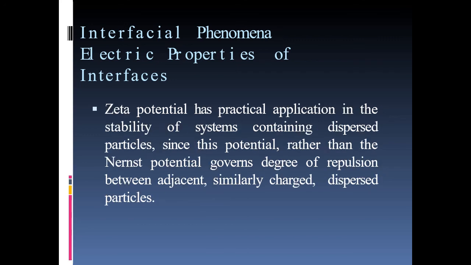Now the zeta potential has practical application in the stability of systems containing dispersed particles, since this potential, rather than the Nernst potential, governs the degree of repulsion between adjacent similarly charged dispersed particles.